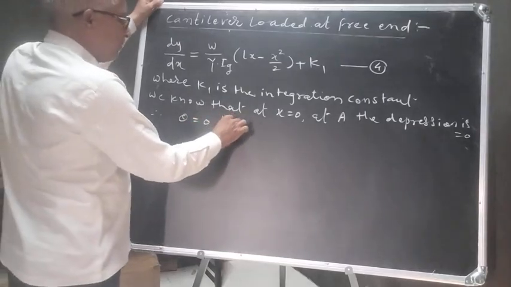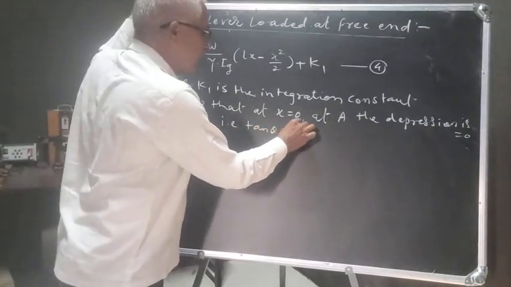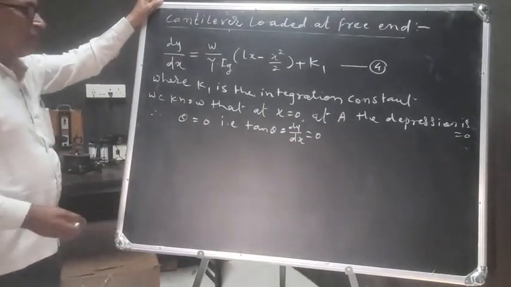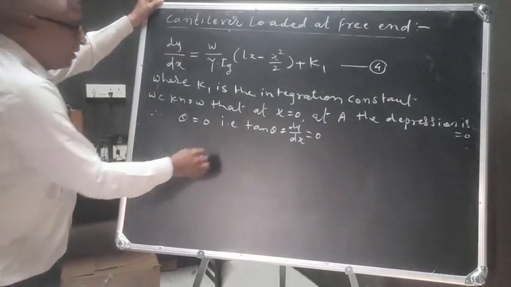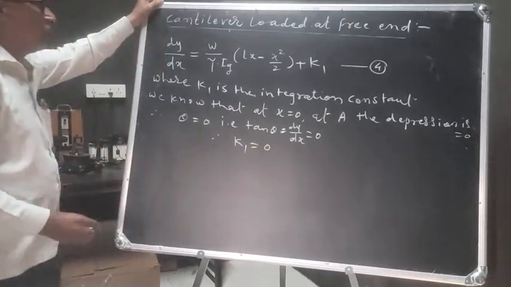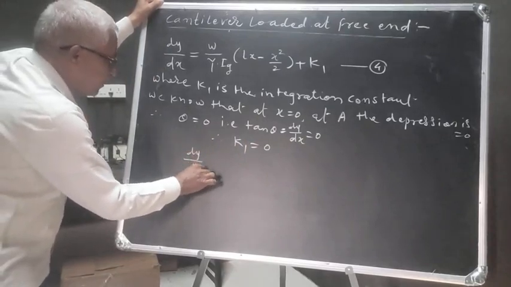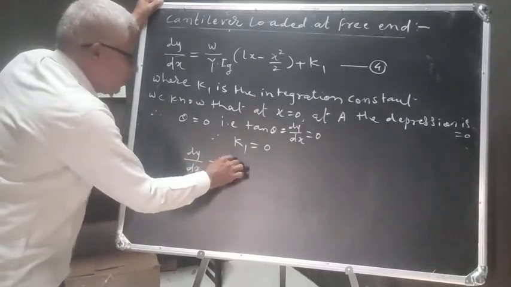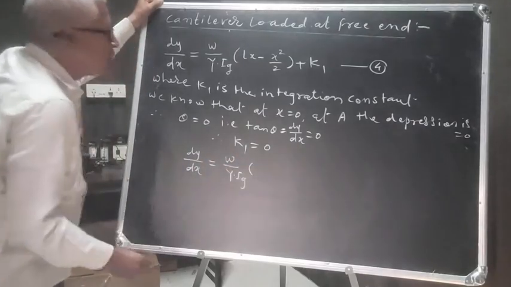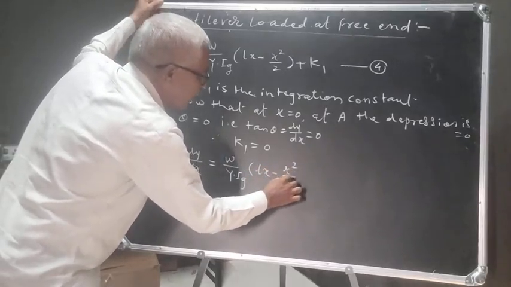Therefore, theta equals 0, that is tan theta equals dy by dx equals 0. Therefore the value of k1 equals 0, and equation 4 becomes dy by dx equals W upon Y into Iz, into (Lx minus x square by 2).